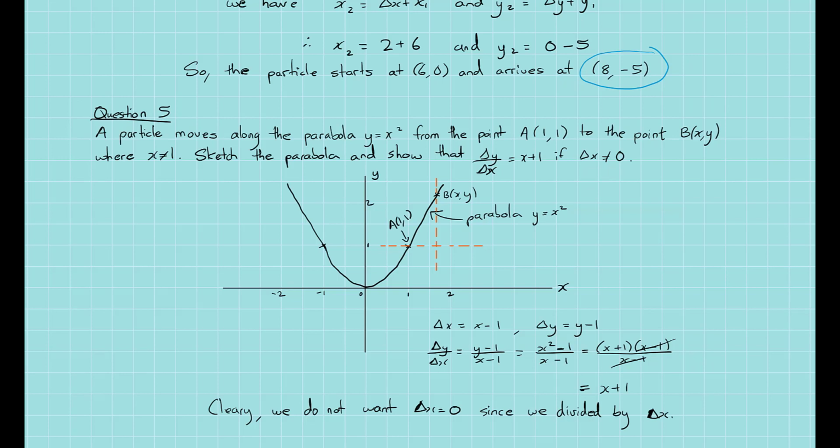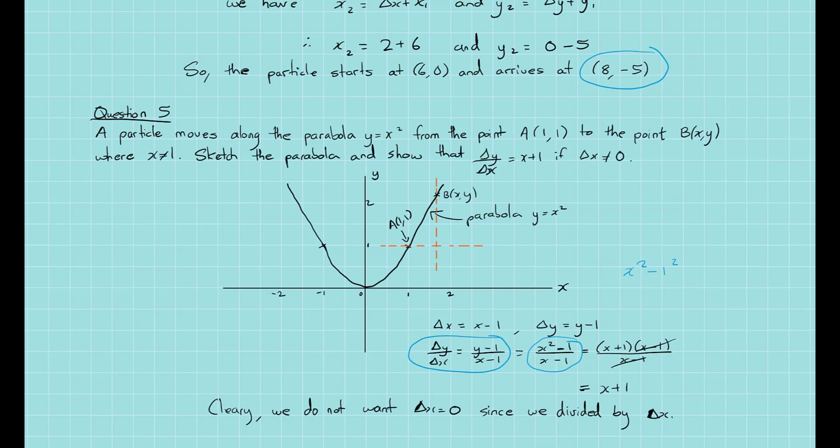So delta x is easily x minus 1 and delta y is y minus 1 because B is (x, y), A is (1, 1). And when we're calculating, we get delta y over delta x equals y minus 1 over x minus 1. But remember that y is equal to x squared, so that's why we're able to plug that into here. And the expression x squared minus 1 is the same thing as x squared minus 1 squared.